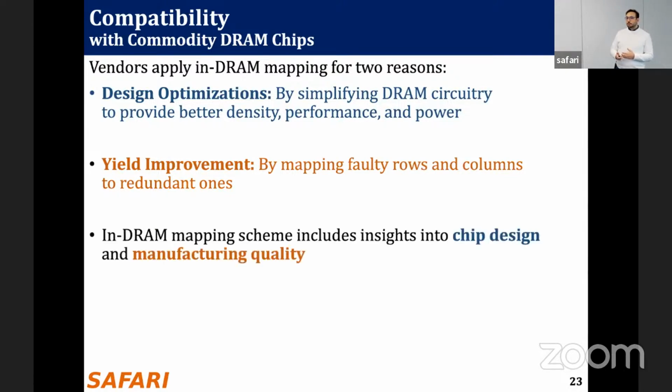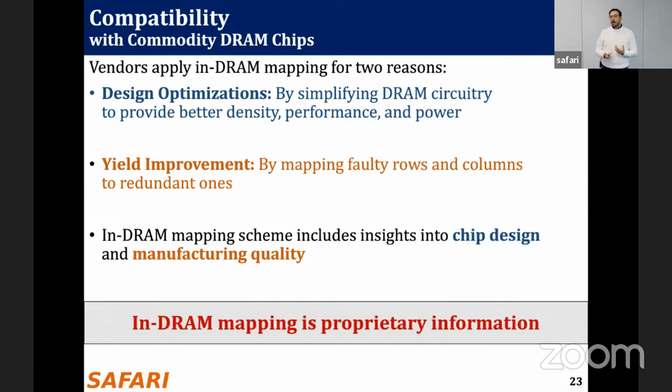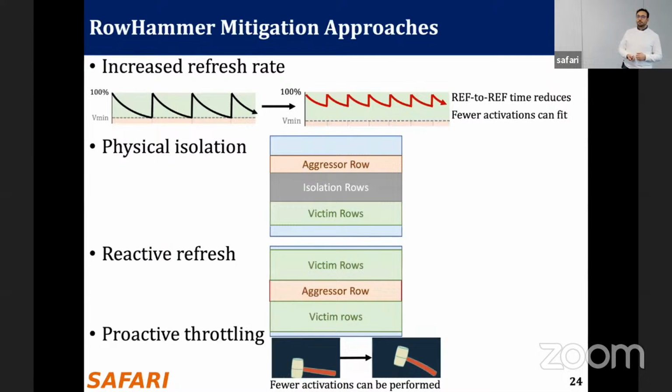And due to these two reasons, their in-DRAM mapping scheme can include insights into their chip design and manufacturing quality. And this is something considered highly proprietary. And as a result, this in-DRAM mapping information is proprietary, and unless you have some special deal or you reverse engineer it somehow, you do not have access to this information.